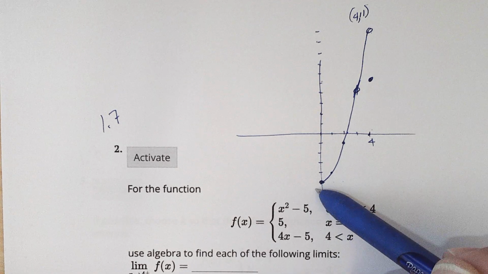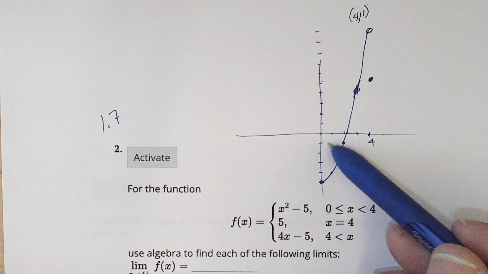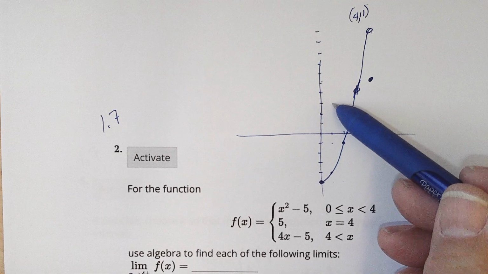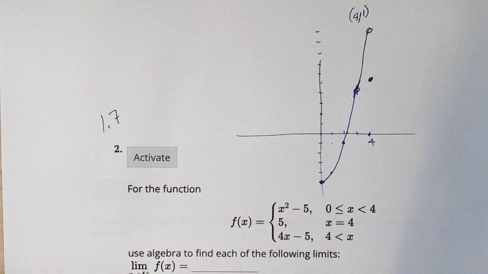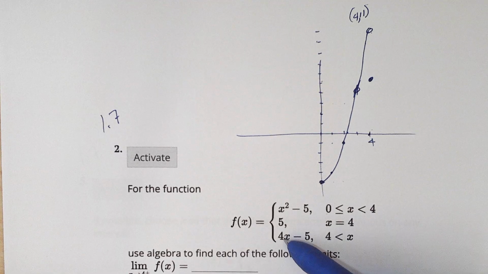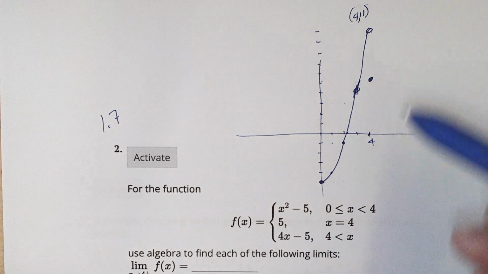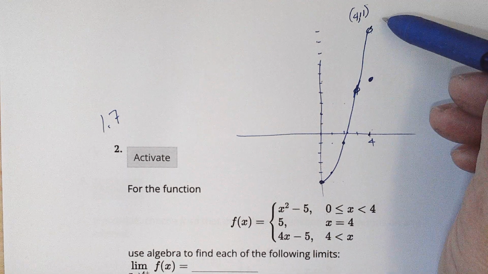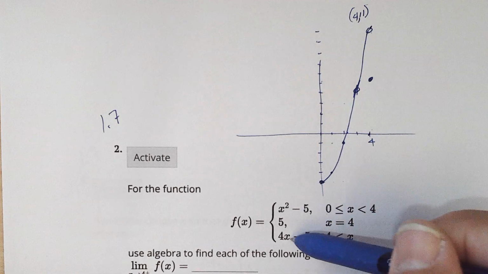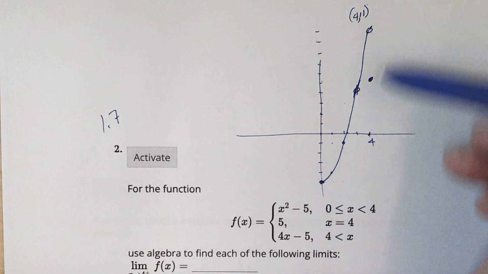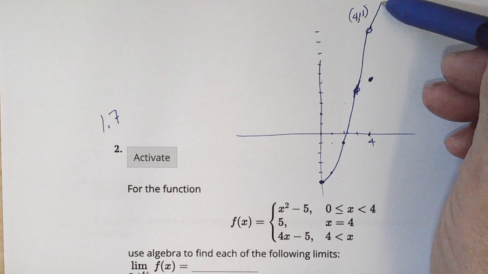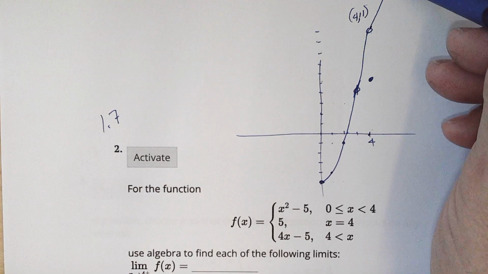So it would go up 4 for 1, up 4 for 1, and so on. So I'm going to figure out where we're at 4. 4 times 4 is 16, minus 5 is 11. And then I've got to go up 4 for every 1 on that. So it will go up like this, and it goes on forever.